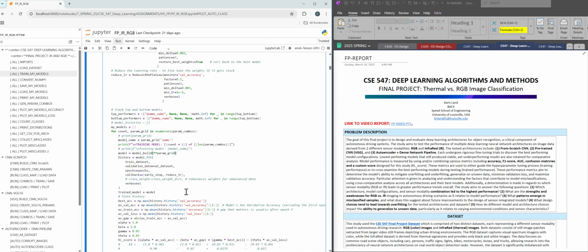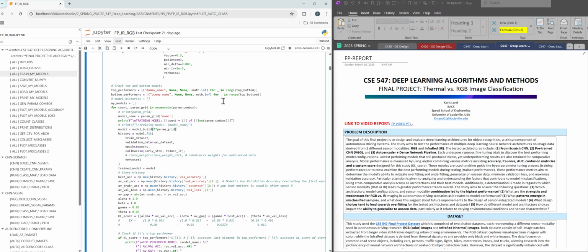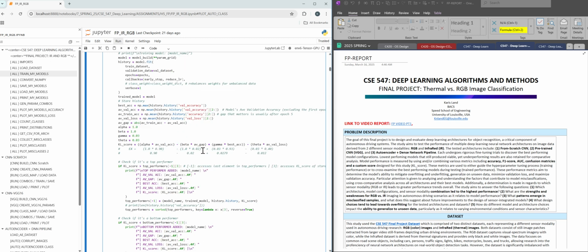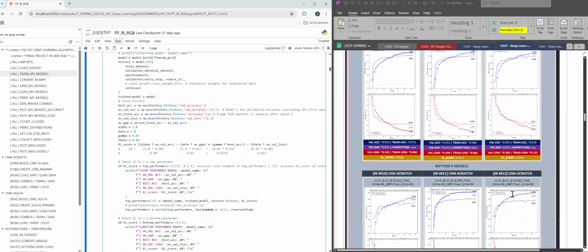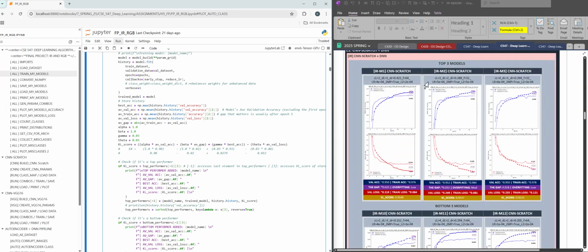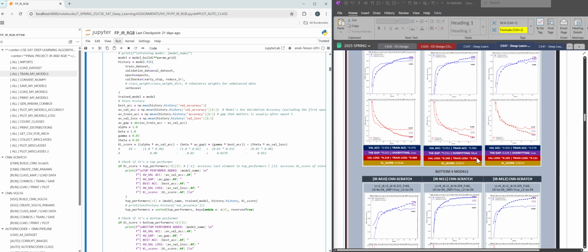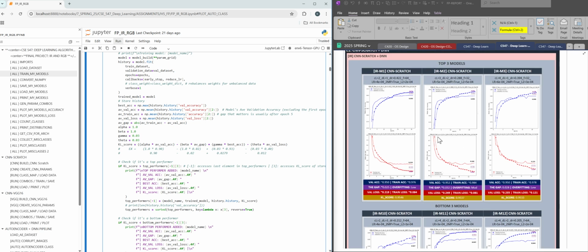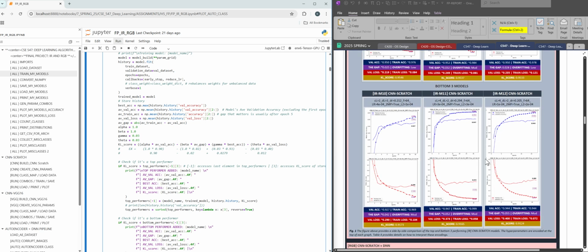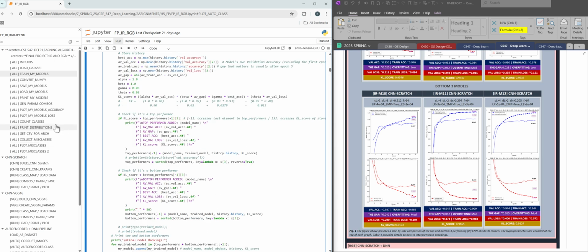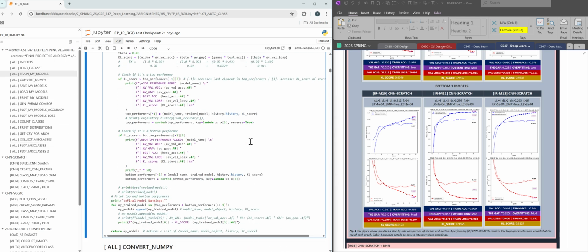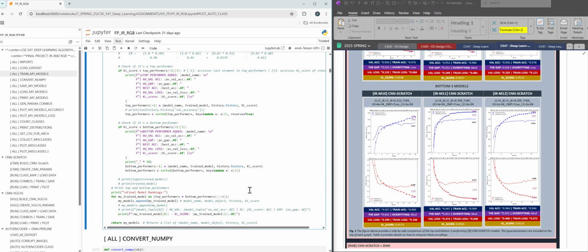Okay, so then the rest of this is recording the top performers and the bottom performers. This is what generates these figures. Here are the top performers and the bottom performers, and I collect them in the train my models function.